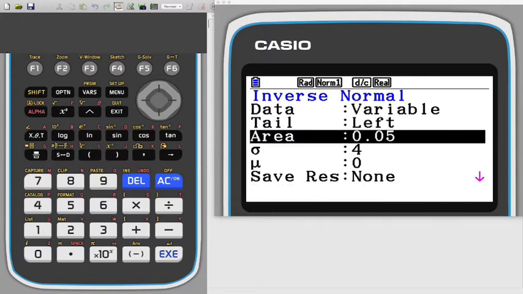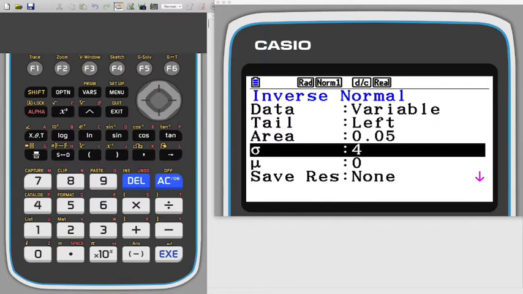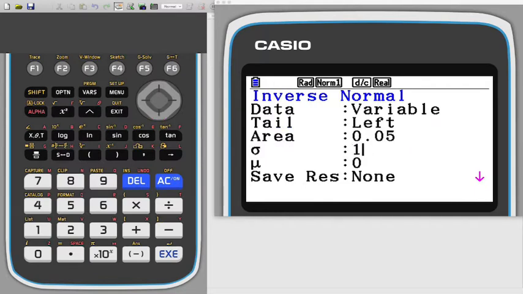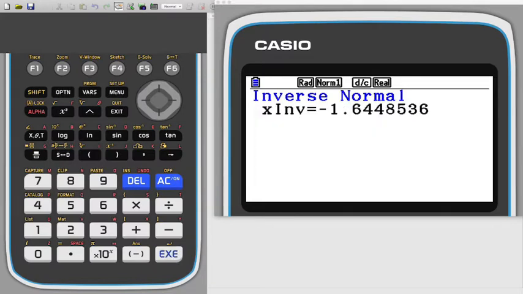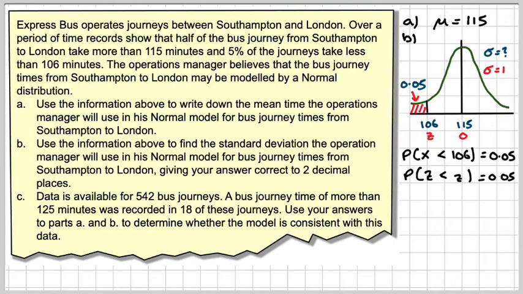For the standard normal, the standard deviation is 1, the mean is 0, and therefore we're going to get minus 1.645. Before we move on, we'll just read the rest of the question.